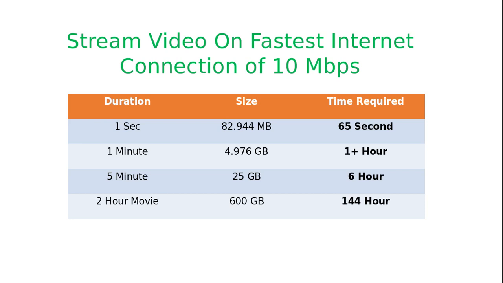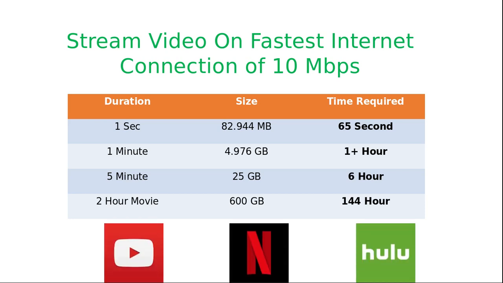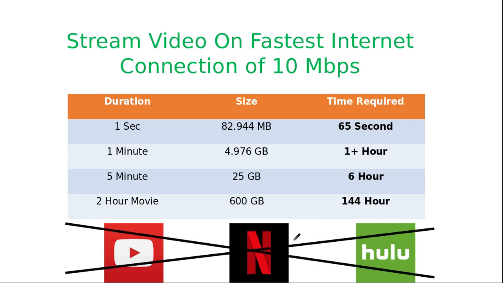That's why compression is a must requirement. If all those videos took this much time, then YouTube, Netflix and Hulu, which are all streaming video, might not exist if compression technology were not available to us.